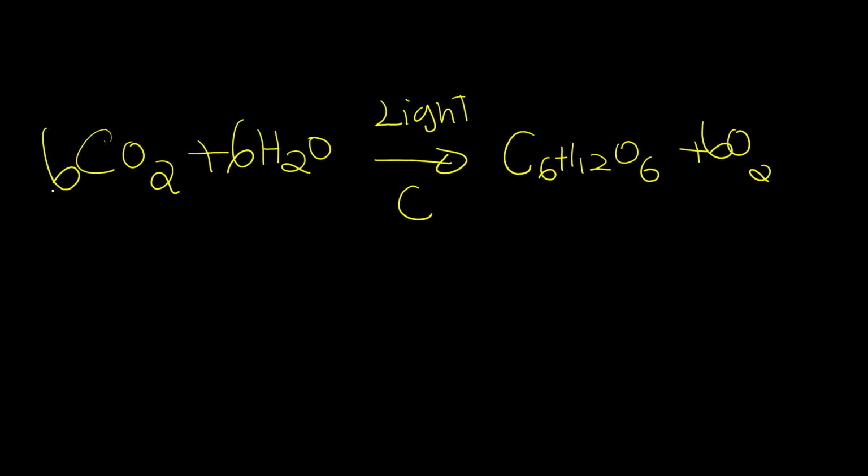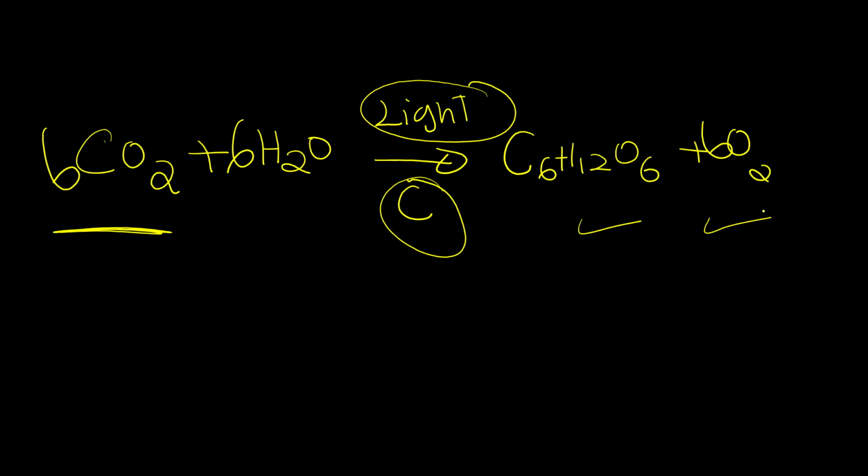We are convinced that we need carbon dioxide, and we need light, and we need chlorophyll for the making of glucose and oxygen, for the success of photosynthesis. So we will carry on certain experiments. In every experiment, we will remove one of those factors. Number one, we will remove CO2, and we will see if the photosynthesis will happen or not.